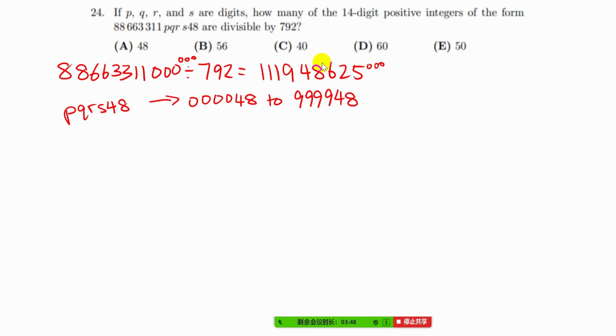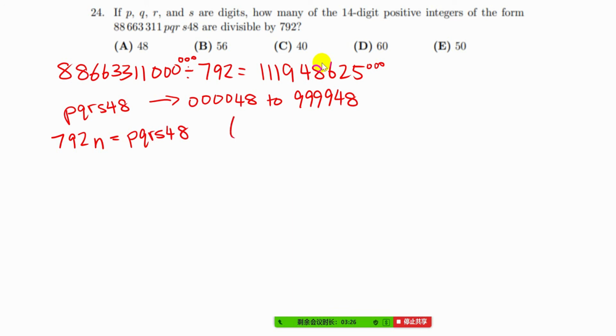And then it says that it is divisible by 792, so we can say that 792 times n equals PQRS48. And then obviously n has a biggest value and a smallest value.